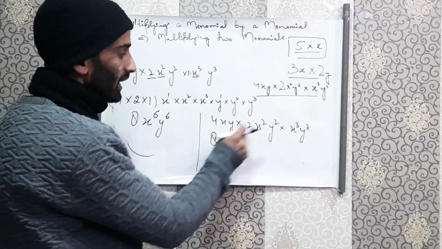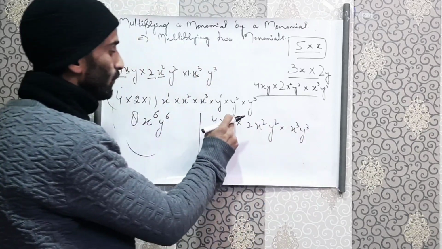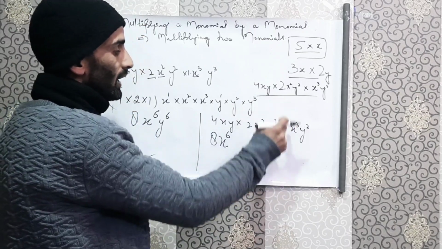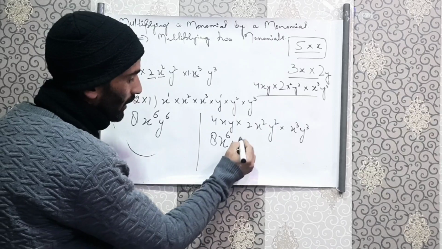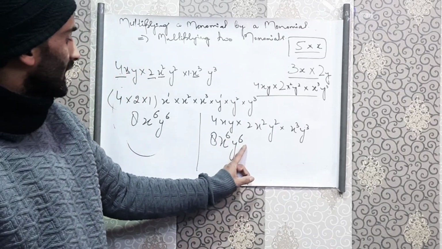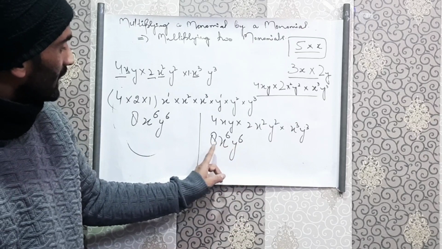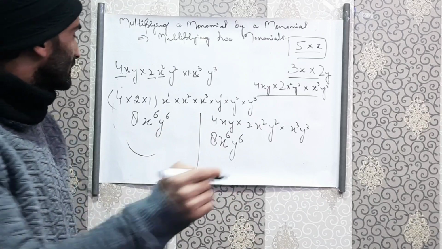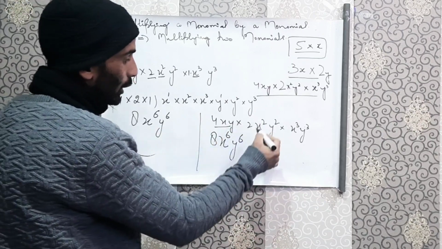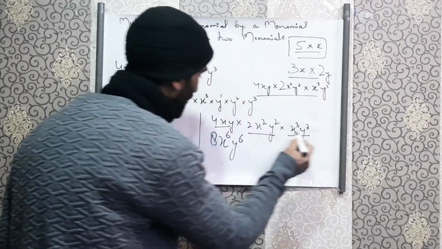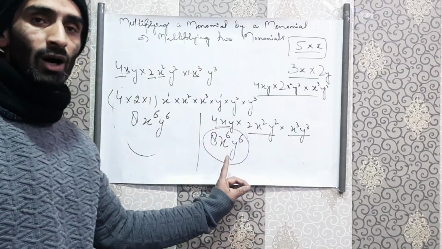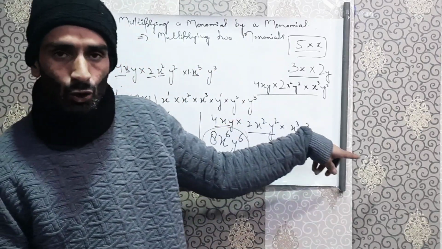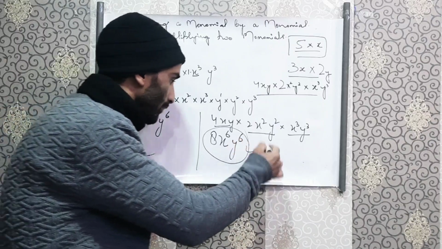And here y square, y cube, y into y raised to power 1 into y raised to power 2, that is y cube into y cube, that is y raised to power 6. So we get 8x raised to power 6, y raised to power 6. But again we have seen that monomial into monomial into monomial, and the result is also a monomial. This we have to keep in mind: when we multiply two or more monomials, the result is always a monomial.